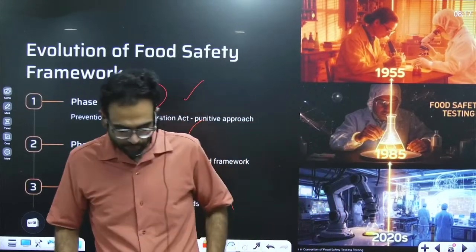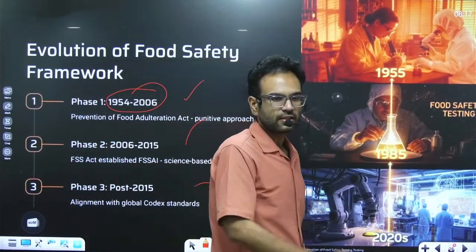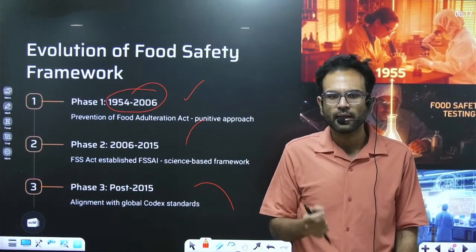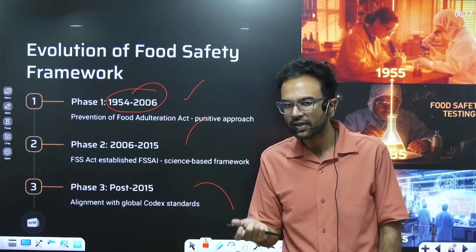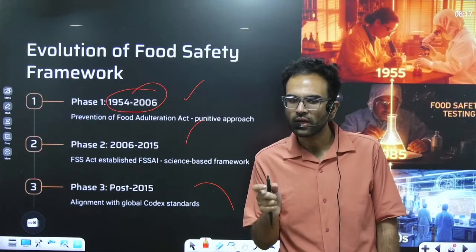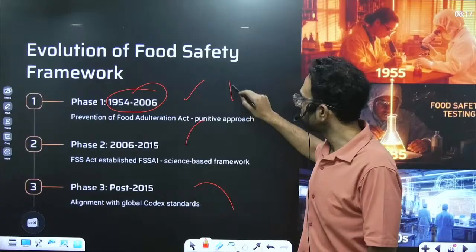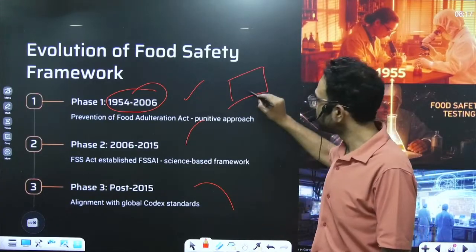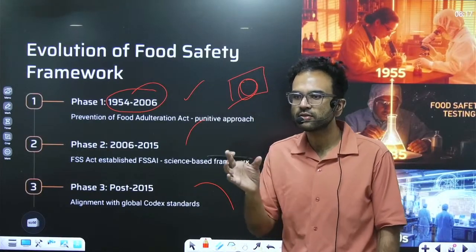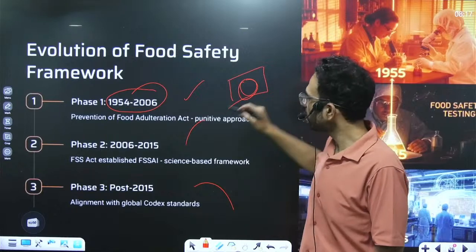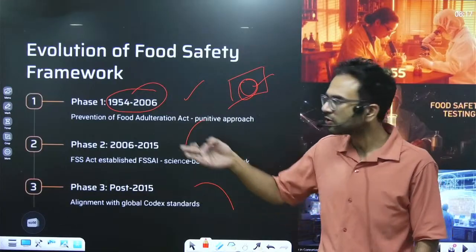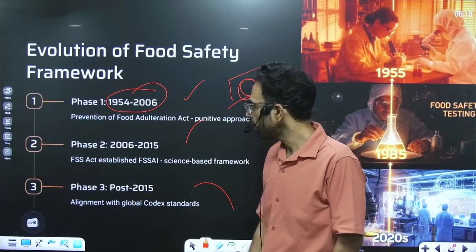Personally, it's only in the last 5-6 years, or probably 10 years, that we started looking at our labels, the amount of protein and fats on our food labels, and became much more aware of what is right and wrong. Say, if you are a vegetarian and your religious sentiments are hurt, you will see a green colored dot, which signifies that this food product is completely vegetarian. If there is a red color, it is non-vegetarian. How did all these enforcements on food labeling come into existence? It's because of FSSAI.